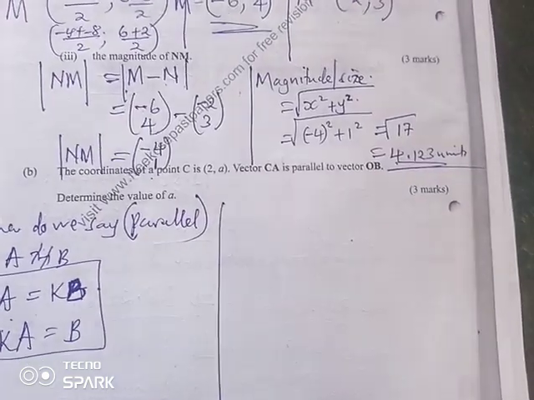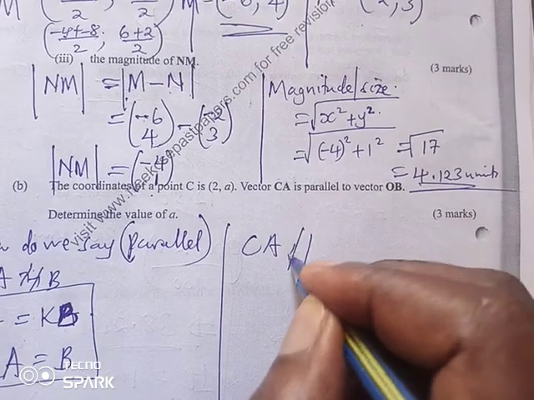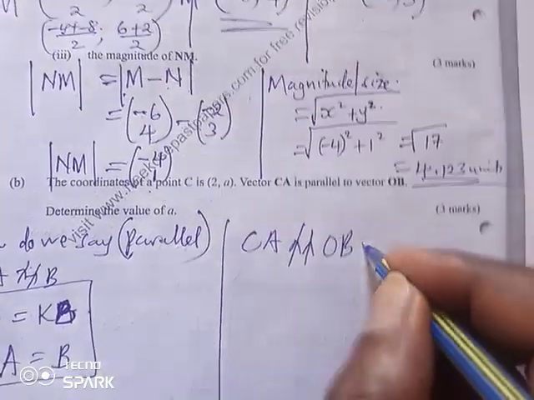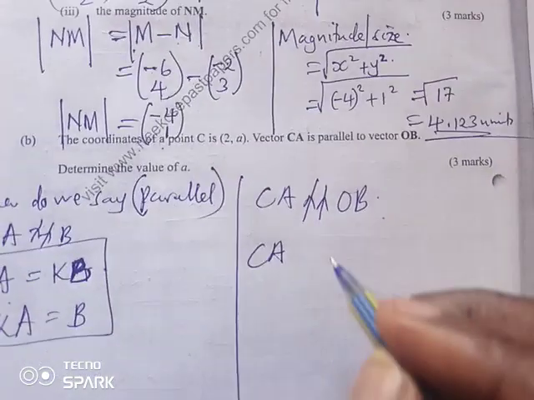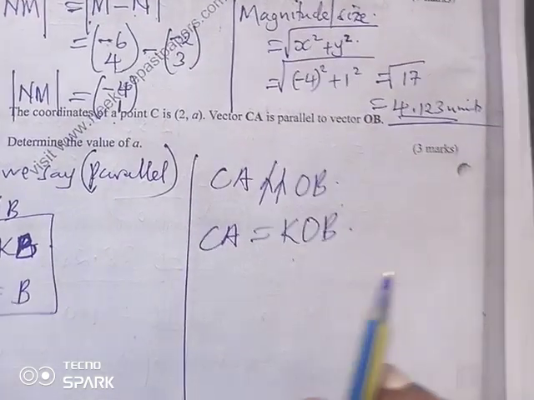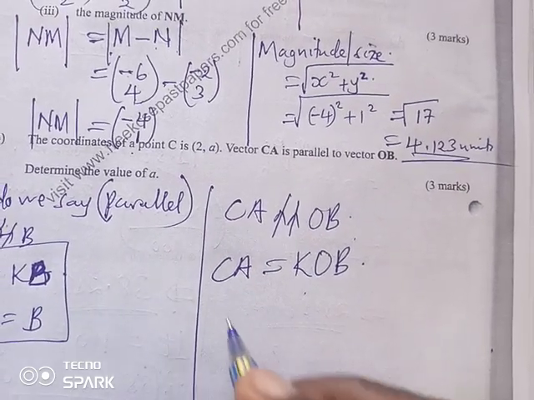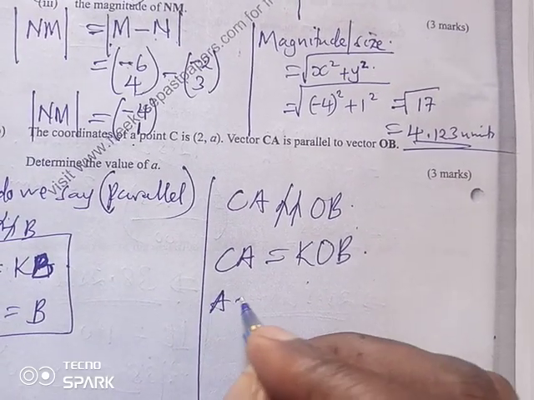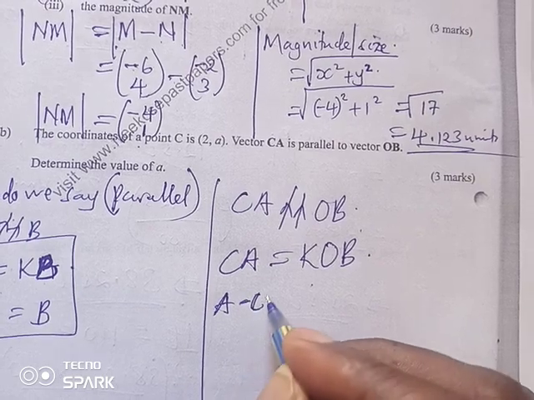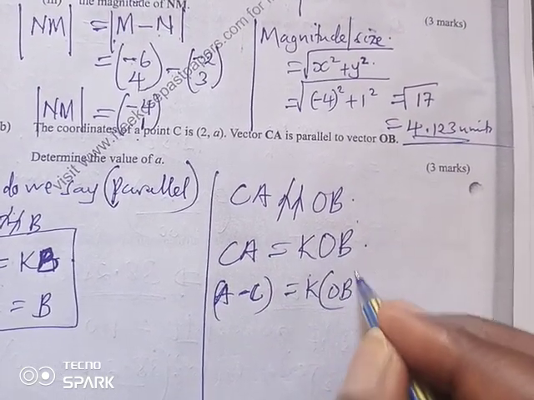So what does it mean? We are told CA is parallel to vector OB. So we can say CA is equal to K of OB, where K is the scalar quantity. So what is CA? CA is simply A minus C, which should be equal to K of OB.